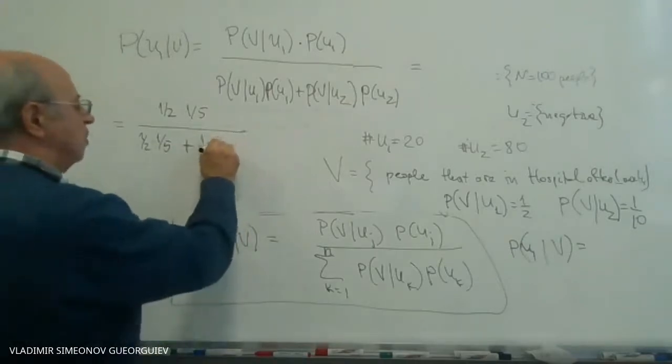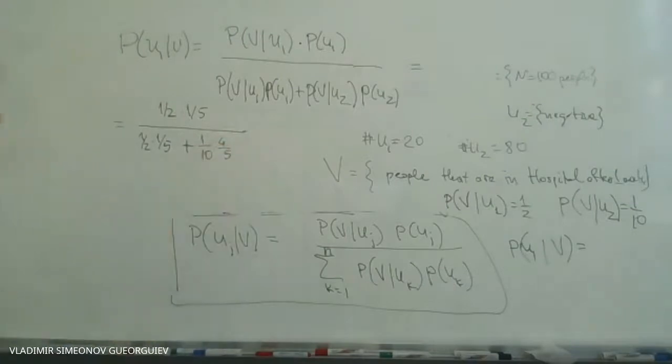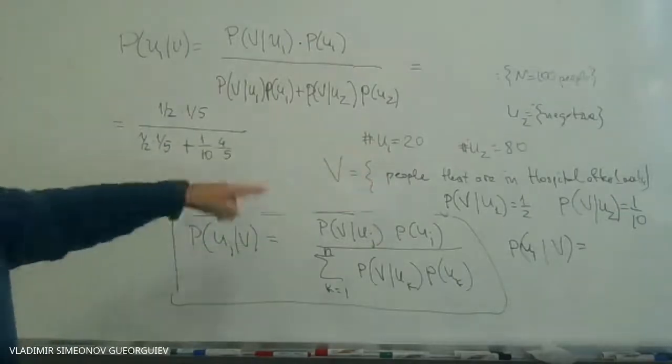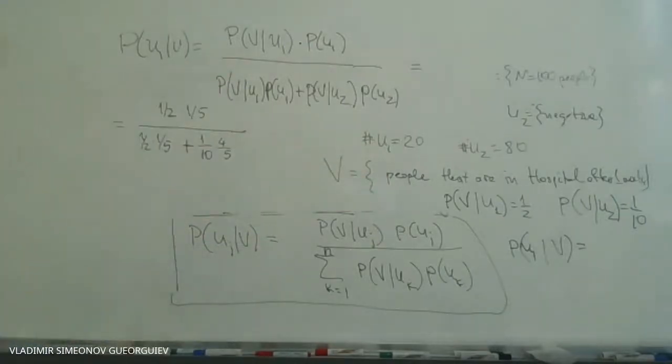This is 4/5. Let me ask if this substitution is clear, if you have some question, because I simply took my data and plugged it inside the Bayes formula.